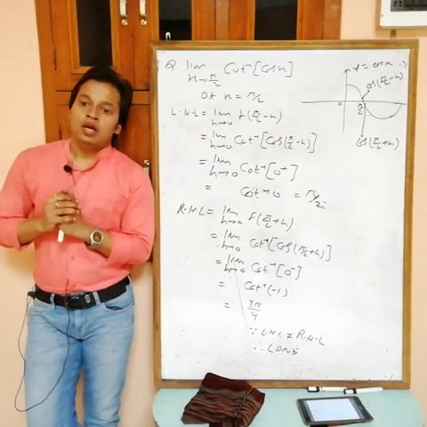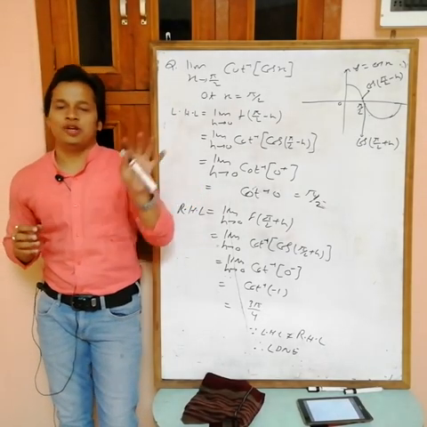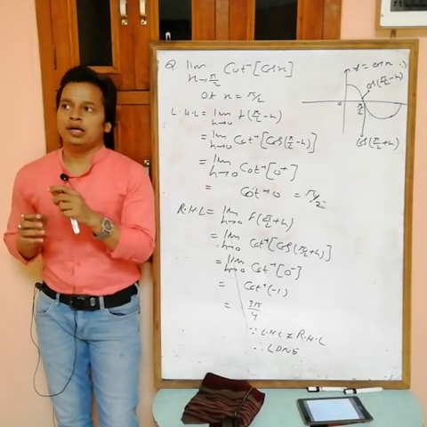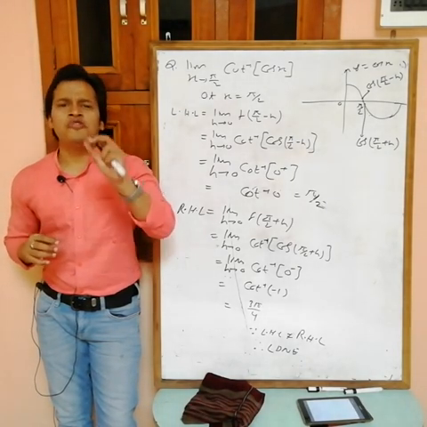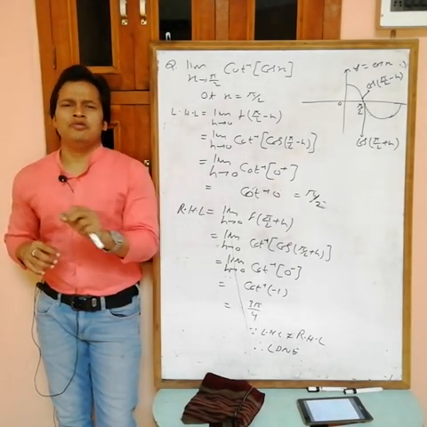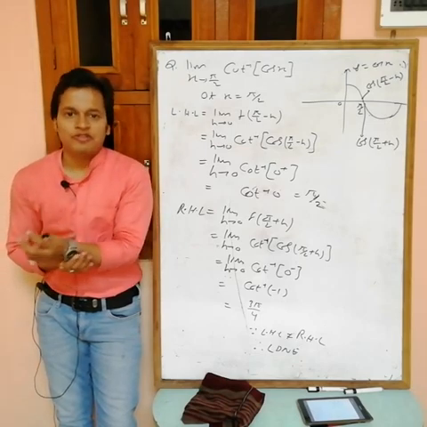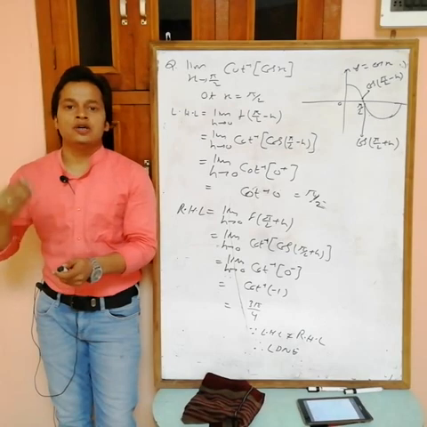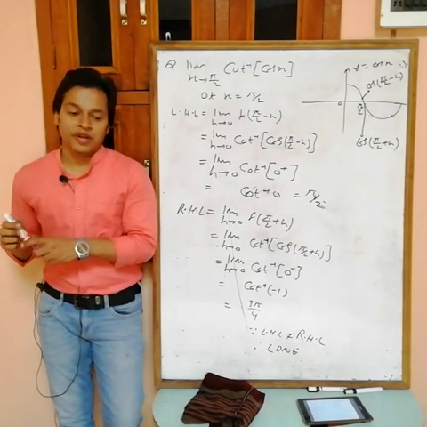That is for the maximum number of questions. But in the remaining questions, suppose f of x by g of x in terms of trigonometry or anything else like this, if you find LHL or RHL, you will get both the same.